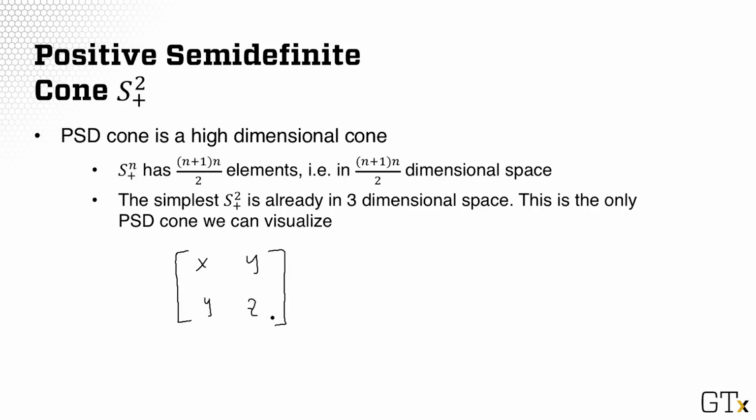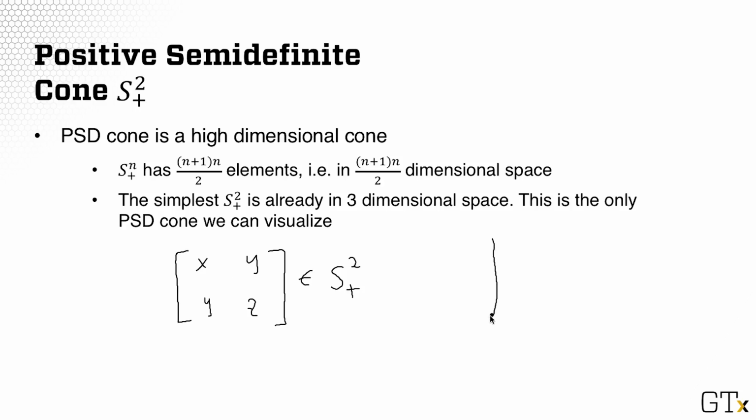Right? This is a 2 by 2 symmetric matrix. This symmetric matrix is in the positive semi-definite cone here. That means we have a 3-dimensional object, a 3-dimensional cone.